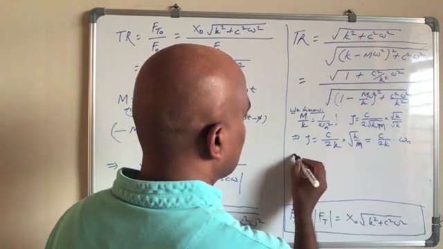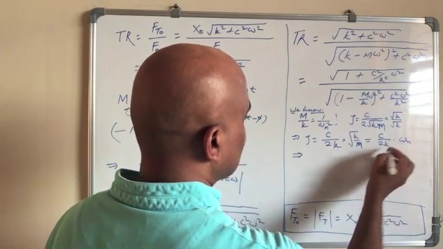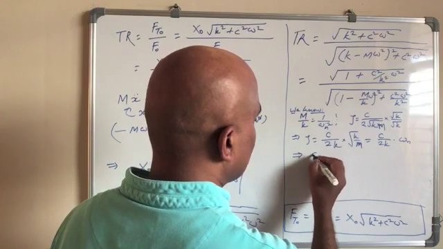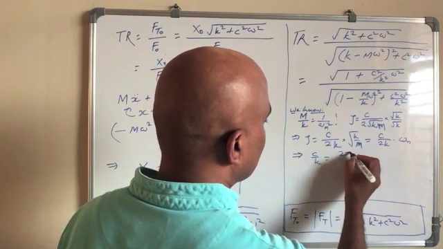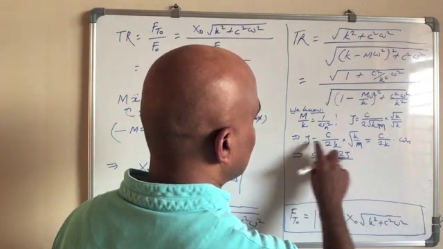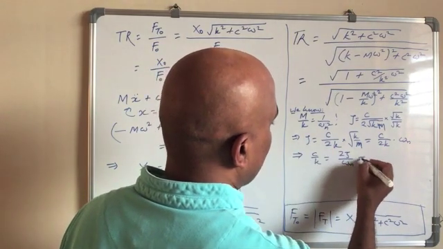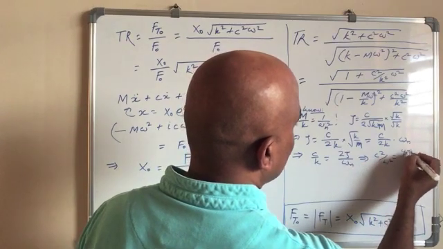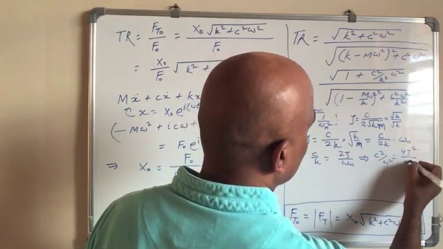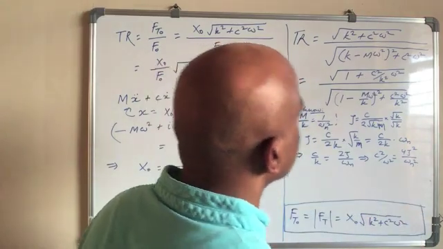So what you get is c over k equal to 2 zeta over omega n, and hence c squared over k squared equals 4 zeta squared over omega n squared.